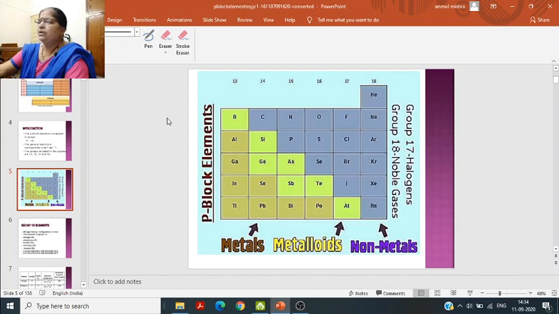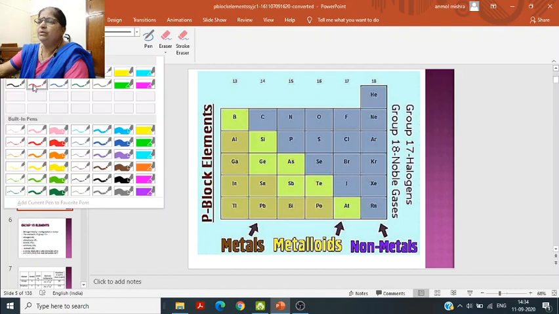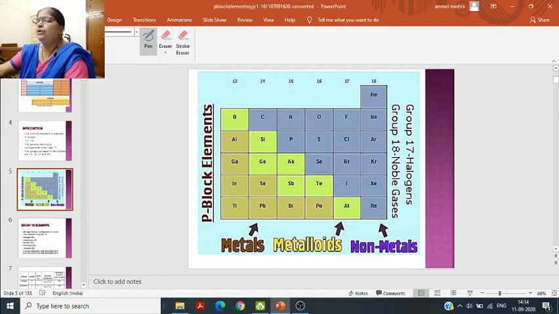Now, how they occur in the periodic table. In the periodic table, these elements are found in the form of metals, non-metals and metalloids. We are studying group 15th. You can see here that nitrogen and phosphorus exist as non-metals. Here blue color is non-metal, yellow color is metalloid and brown color is metal.